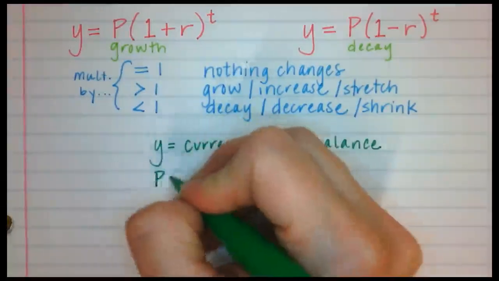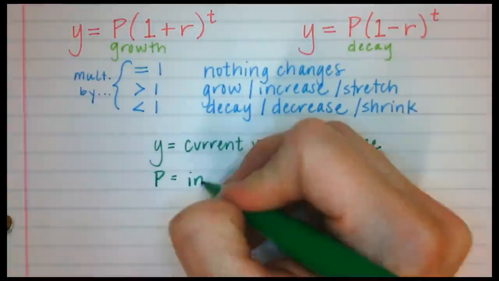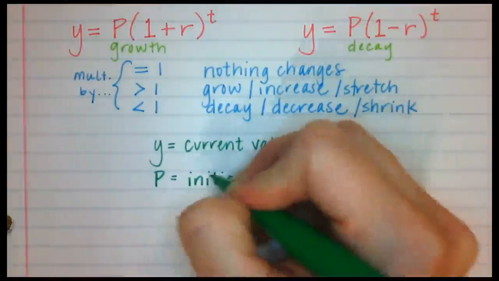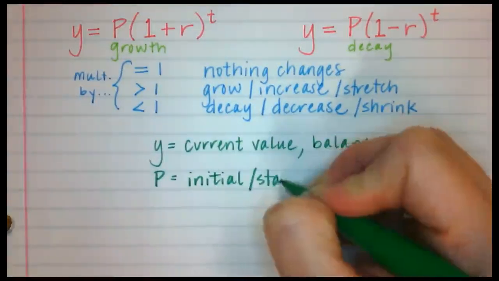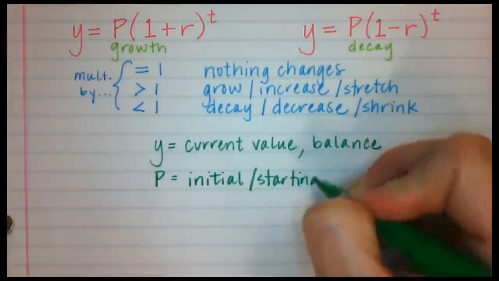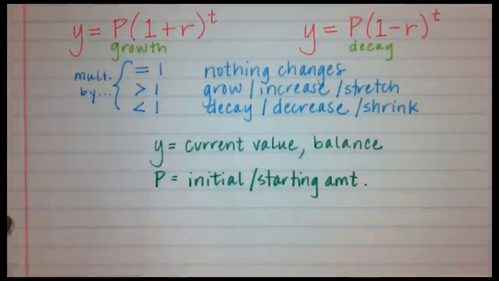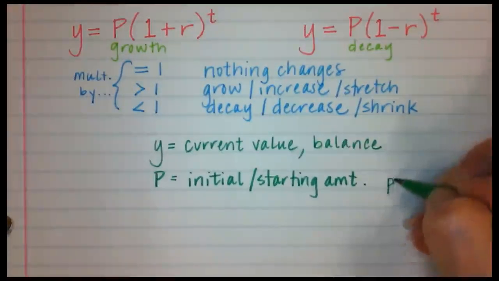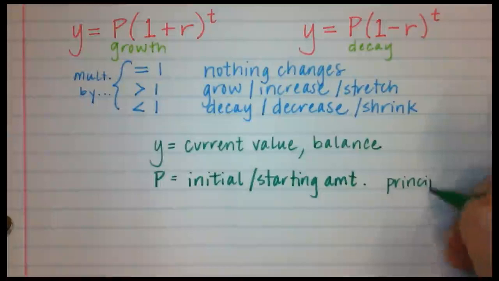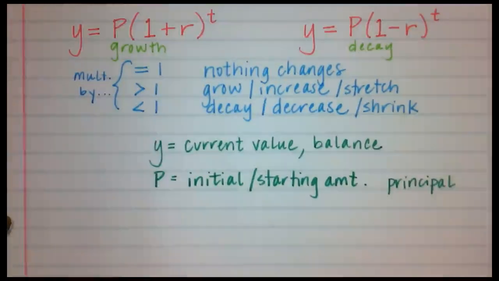The P is the initial or starting amount. So if you buy a car, it would be the cost of the car. If you are putting money in the bank, it's going to be how much money you start with. So that's the initial starting amount. It's known as principal, which is why it uses the letter P.